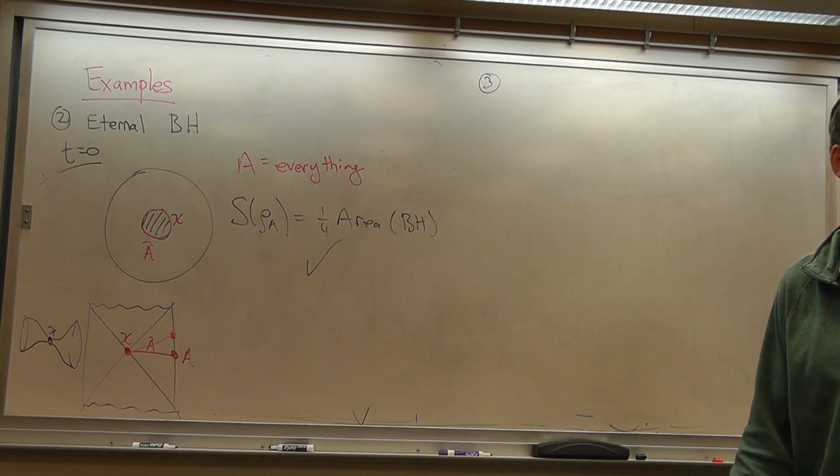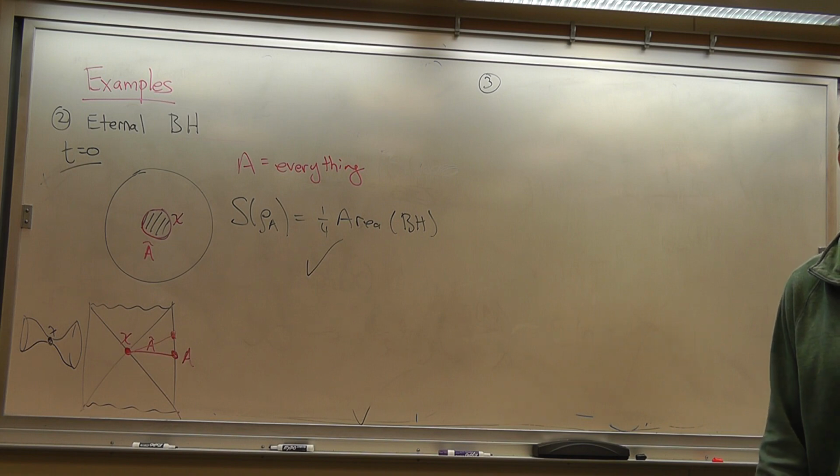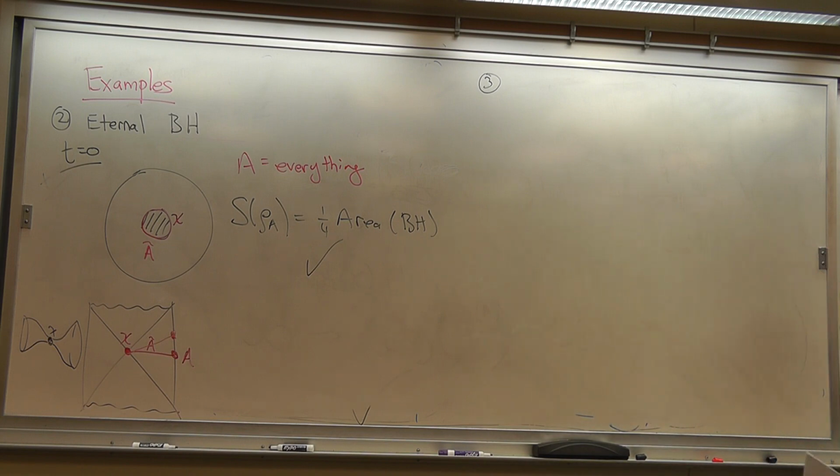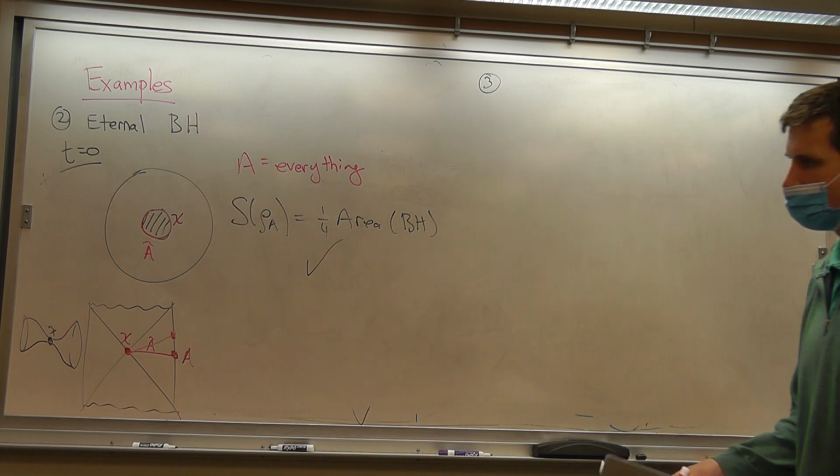So this is saying you're calculating the entropy of A, which is the entire CFT on the boundary. So from the perspective of the CFT, even though you're doing the density matrix of everything, it has a non-zero entropy.